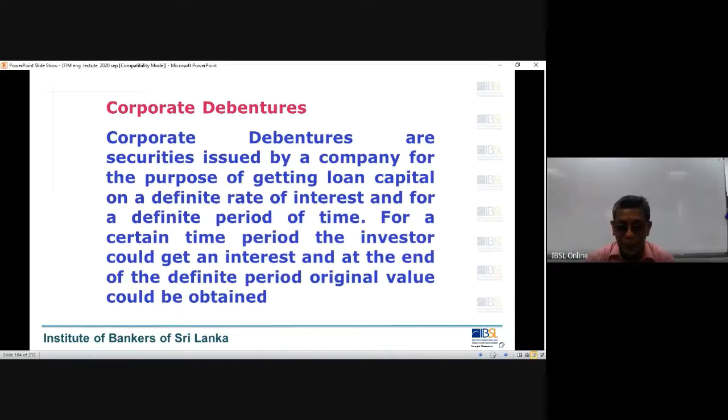Thereby you introduce them to the market for people to buy, and you collect capital. Once, according to the central bank, every bank needed to improve capital adequacy, so banks introduced corporate debentures, right? Debentures are long term, and you pay interest semi-annually.